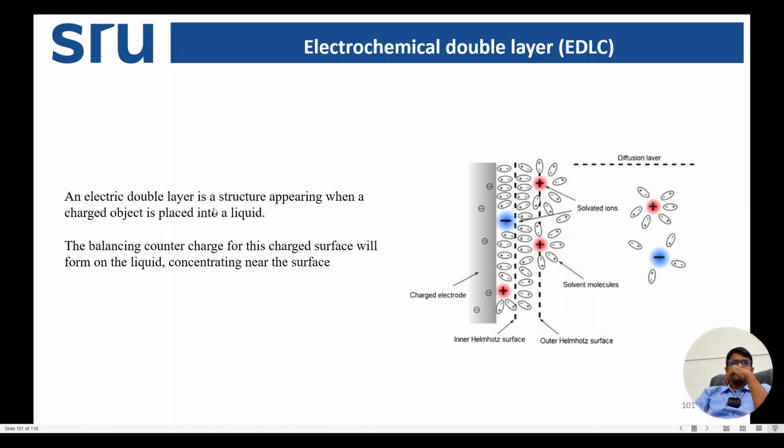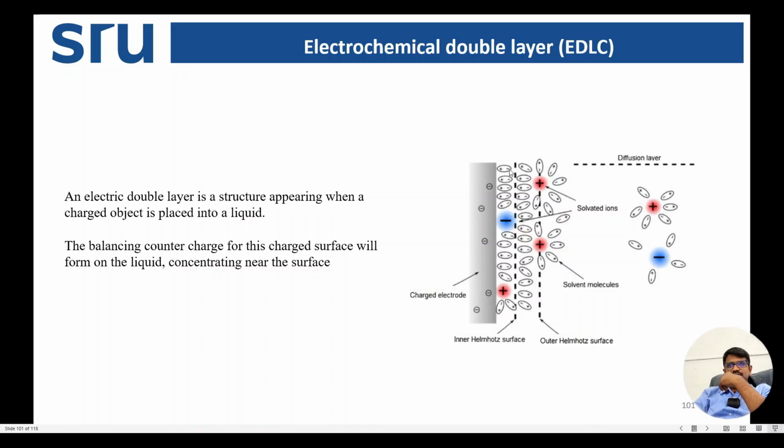An electric double layer is a structure appearing when a charged object is placed into a liquid. So this is the charged electrode. For example, it is negatively charged, with negative charges all over. When ions come close to the surface, the positive charges are attracted to this charged electrode.